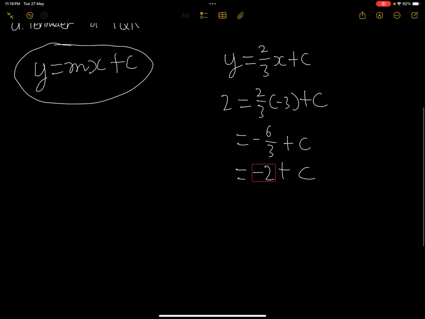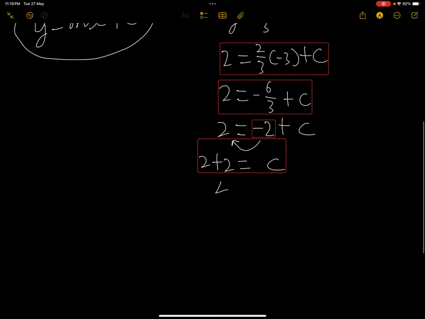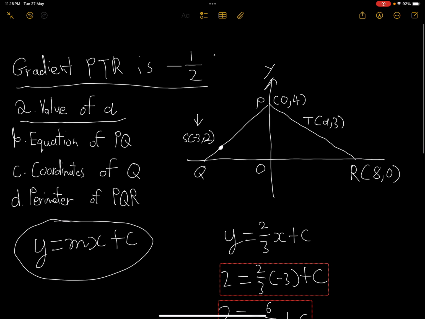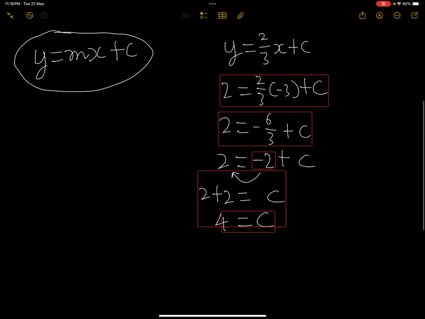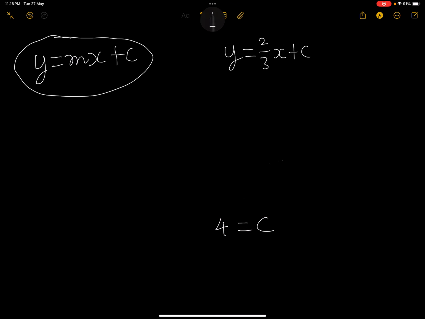And since we want to figure out what the c value is, we move negative 2 over. 2 plus 2 equals c. And for those who are confused, the 2 is always here. 2 plus 2 equals c, 4 equals c, which was the y coordinate of P. So yes, c equals 4. And so your final answer should look like this.